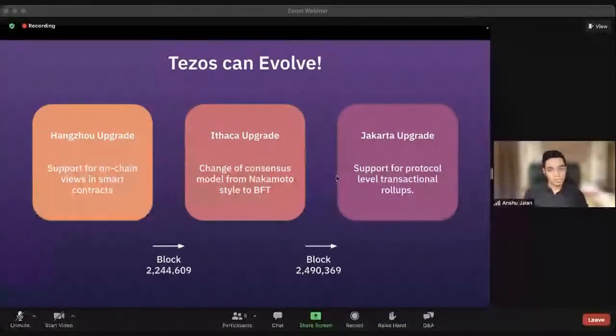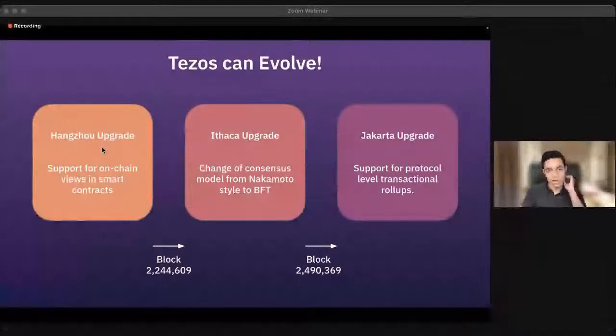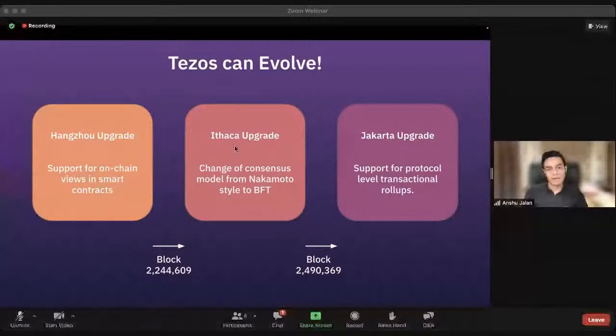But on Tezos, we do that every 3 months because of how it is designed, evolution or upgradation is really easy. So on the screen, I have listed 3 really important upgrades that we have had in the past year. First, we had the Hangzhou upgrade, then the Ithaca upgrade, and then the Jakarta upgrade.